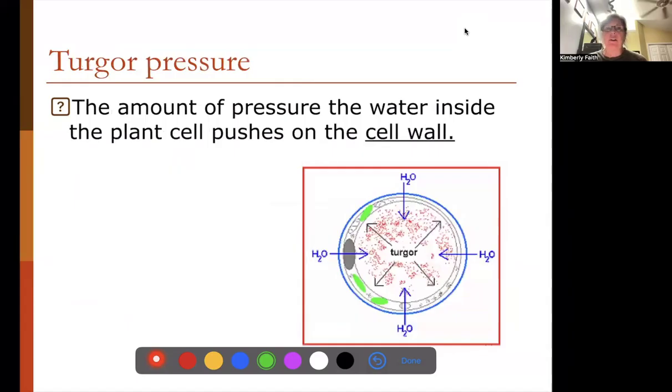Now, I've used that word turgor pressure or turgid, which means it's nice and full. And you can see as we've got this central water vacuole pushing out as it's full with water onto the sides of this plant cell, which should be a rectangular box.